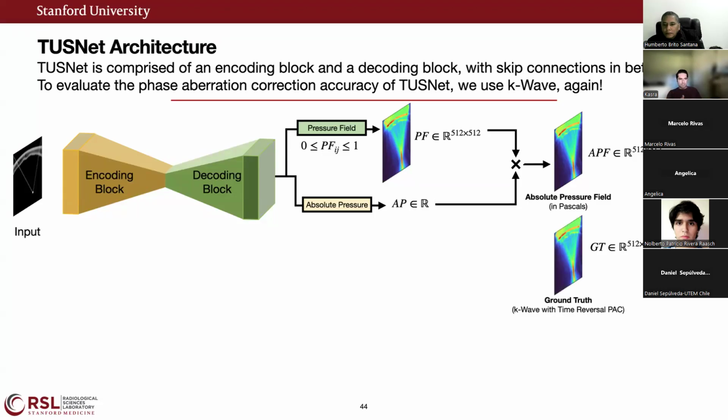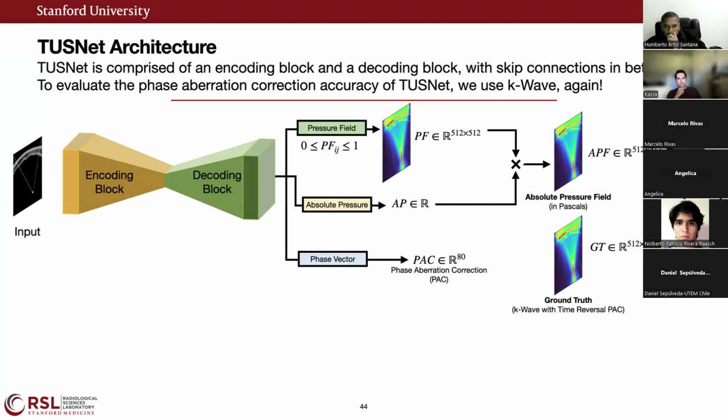And ground truth is the K-wave simulation done with time reversal that I explained earlier. So we can evaluate this. And there's a third output for TUSNet, which is the phase vector, right? Because remember, the other important thing is we want to be able to output a phase vector of time delays or phase corrections so that a technician can use those and drive the transducers with those phase corrections so that they can intersect the beams at the intended target.